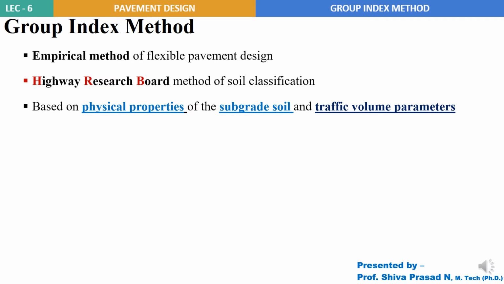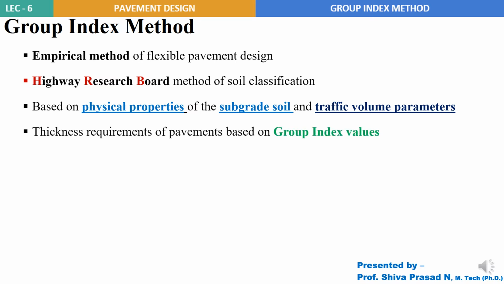As you all know, if we take up mechanistic approaches, we have several factors to be considered in the design of flexible pavements. But this being the oldest method, started during the year 1945, they had considered only the physical properties of the subgrade soil and traffic volume parameters alone.